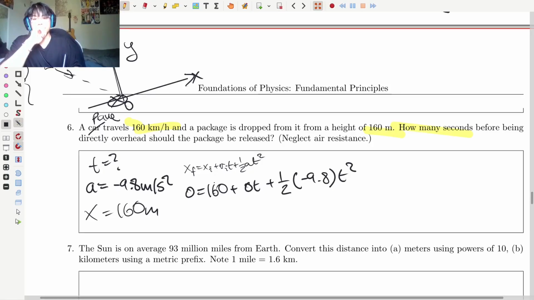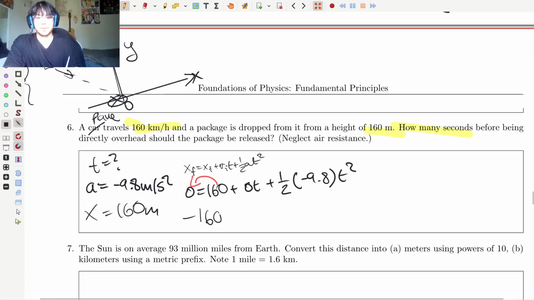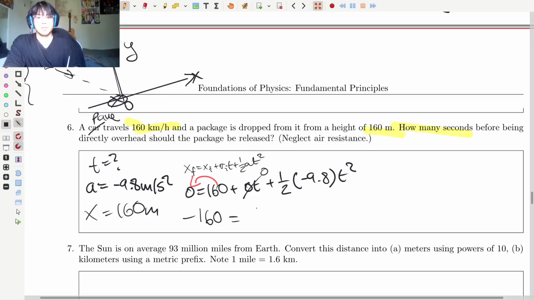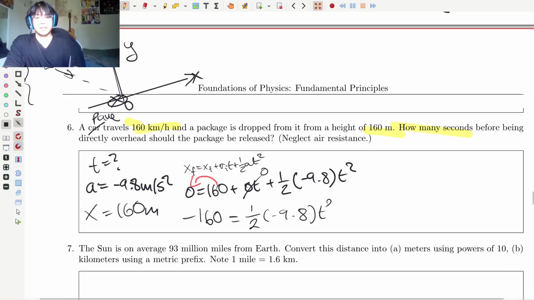So we can move this 160 over to the other side, maybe another color. So this can go over to this side and the sign changes. So this becomes minus 160. This is just 0 is equal to 1/2 of minus 9.8 t squared.